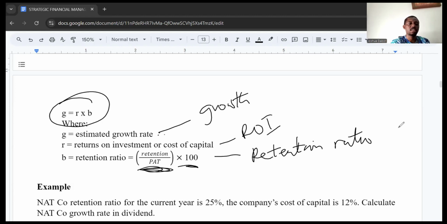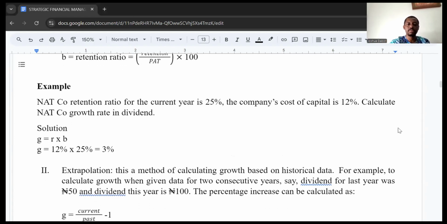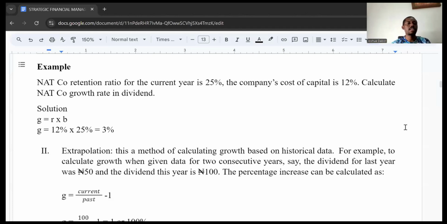So let's look at this question over here. NATCO retention ratio for the current year is 25%. The company's cost of capital is 12%. Calculate NATCO growth rate in dividend.